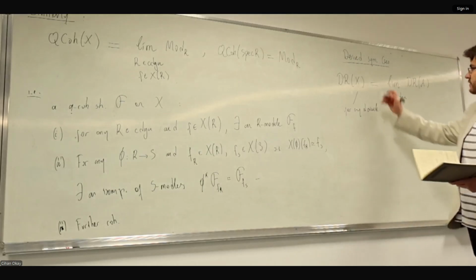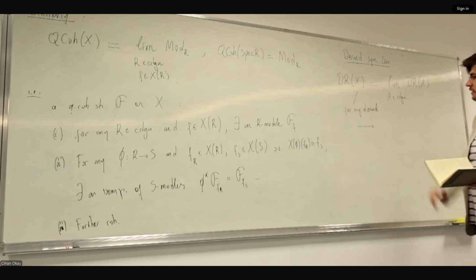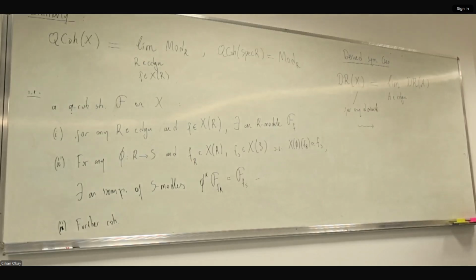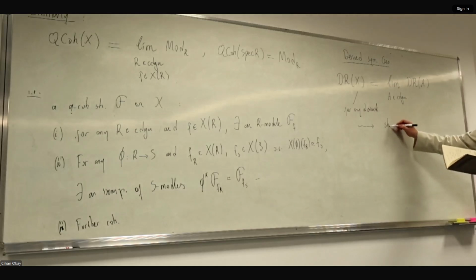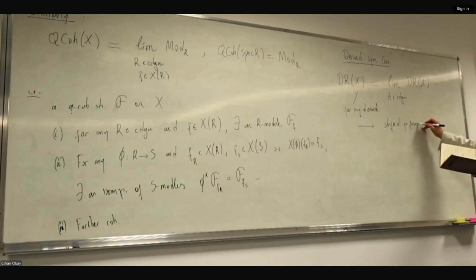Therefore, this will lead to the notion of k-shifted p-forms on X globally.